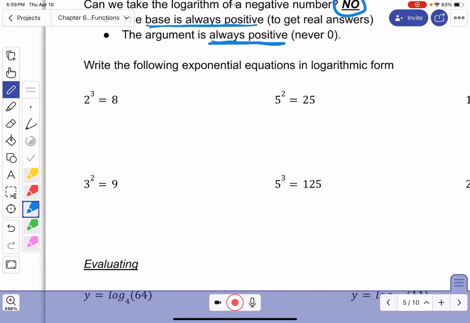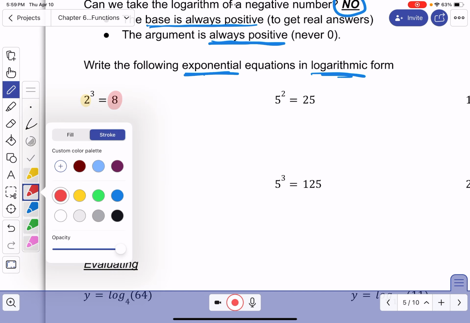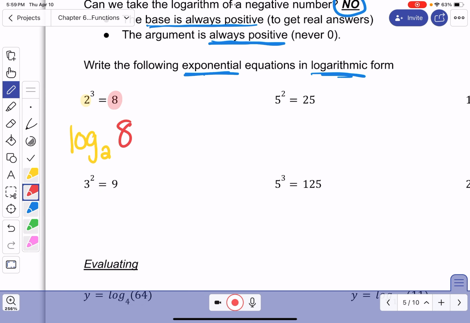So let's convert some more. This time we're going to go from exponential to log. So we take that base and we make it the base of the log. We take the answer and we make it the argument of the log.